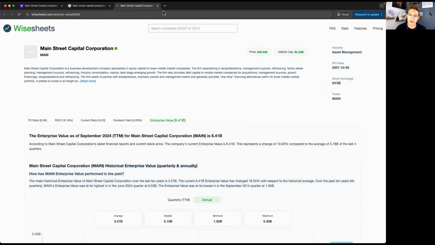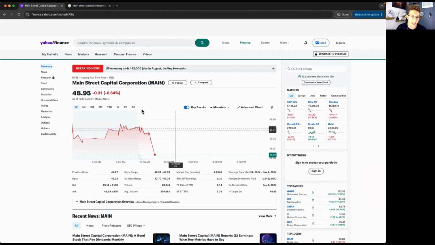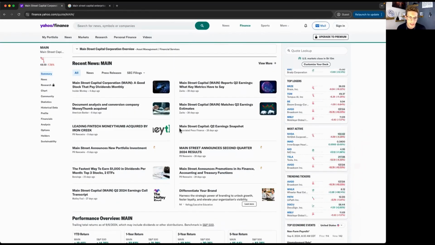But equity capital, so they do buyouts, refinancing, real estate planning, management buyouts, industry consolidation, emerging growth. They provide debt capital, so they basically sell loans, I think is what this is saying. So that's kind of interesting to see. This would also be interesting to see, Main Street Capital Corp debt analysis.